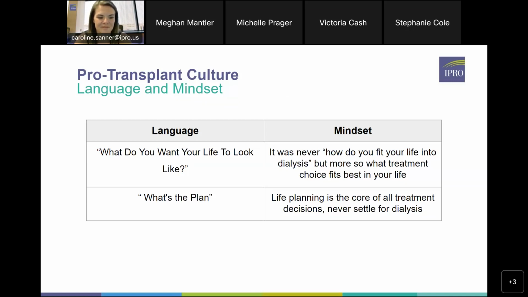And then another way of looking at and approaching this that I implemented when I came on board here was, I'm always using the phrase, what's the plan? With our doctors, with our monthly rounding, with our patients, with transplant. It's not, do you want a transplant?